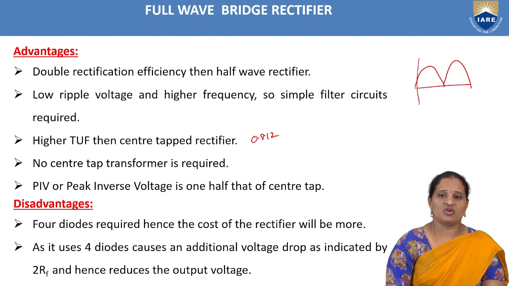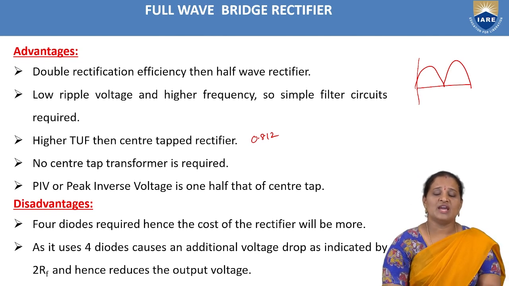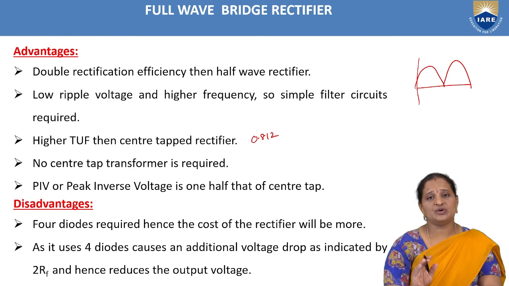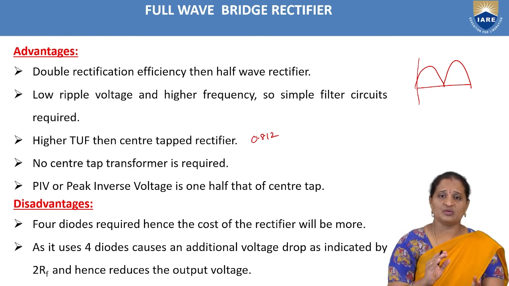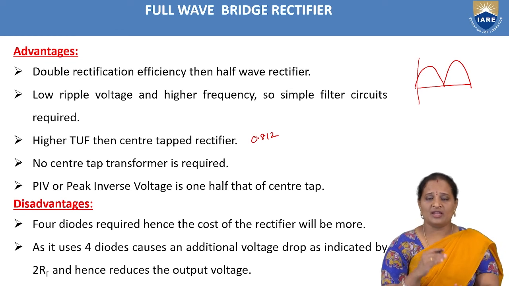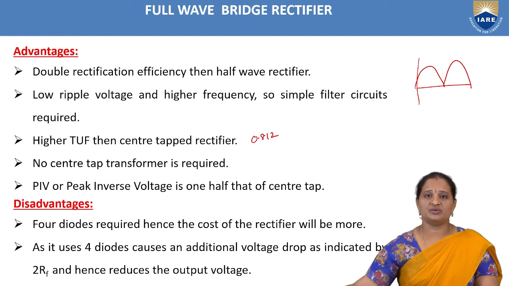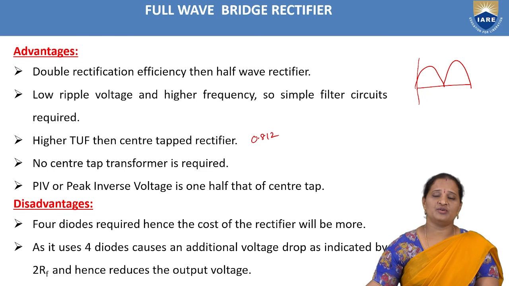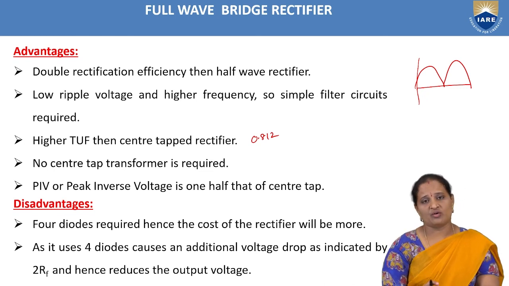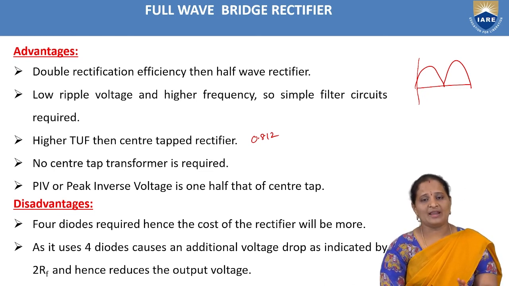And one more major drawback is that in either of the half cycles, 2 diodes are on, during the positive half cycle and during the negative half cycle.